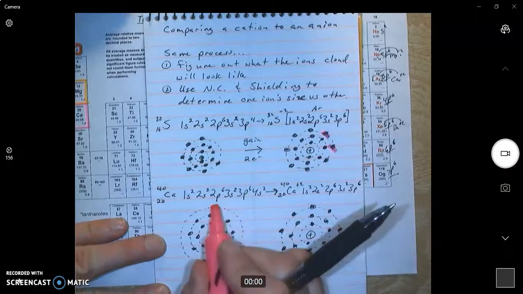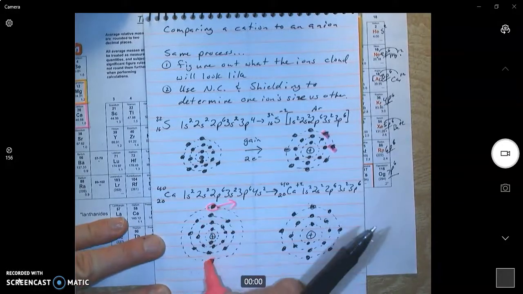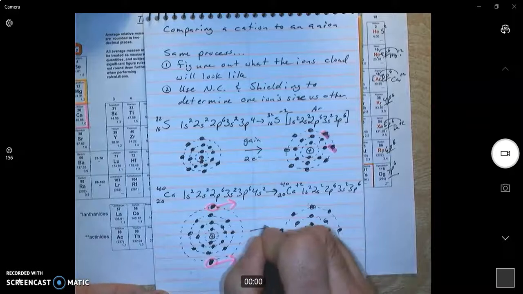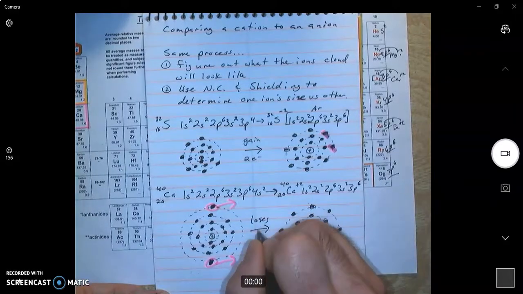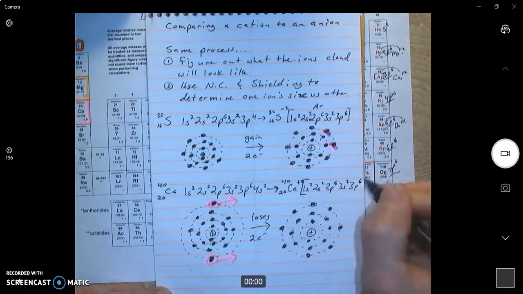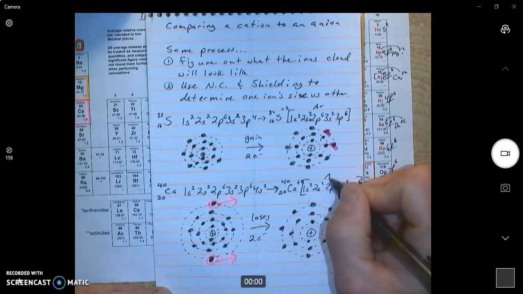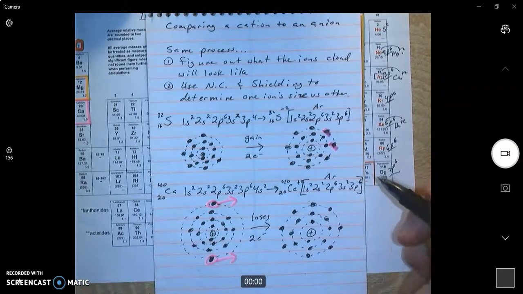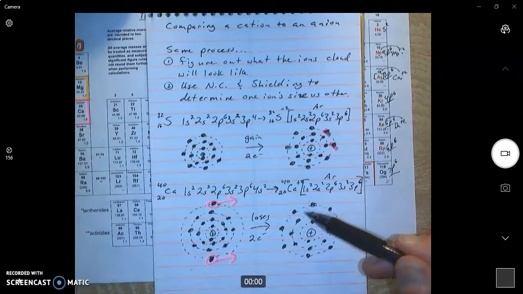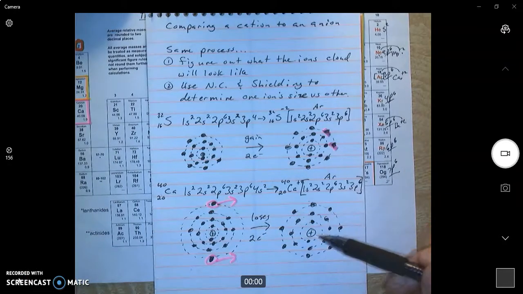It's going to lose both of the electrons on its 4th energy level. So as it loses 2 electrons, it ends up with the electron cloud of argon as well. The difference being calcium has argon's electron configuration but has a mass of 40.